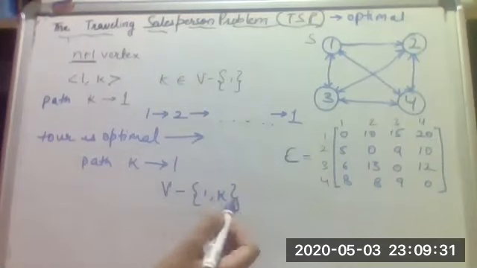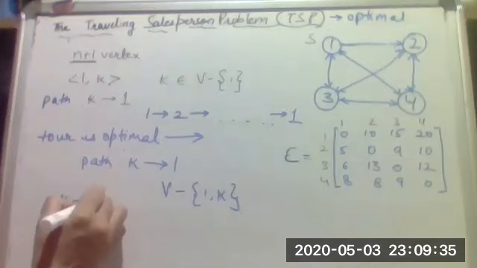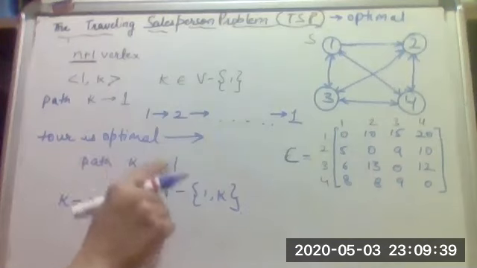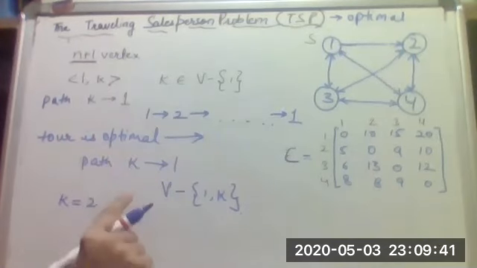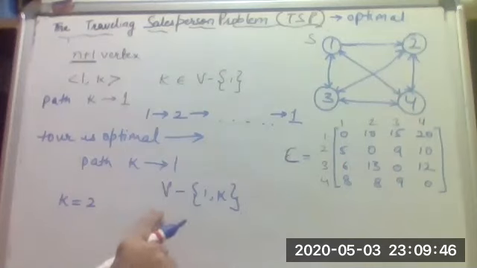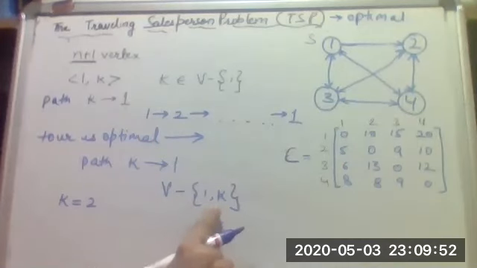So in our case, we are taking k equal to 2. The path from 2 to 1 is optimal when we are going through all the vertices that remain from the vertex set minus the first and the kth vertex.